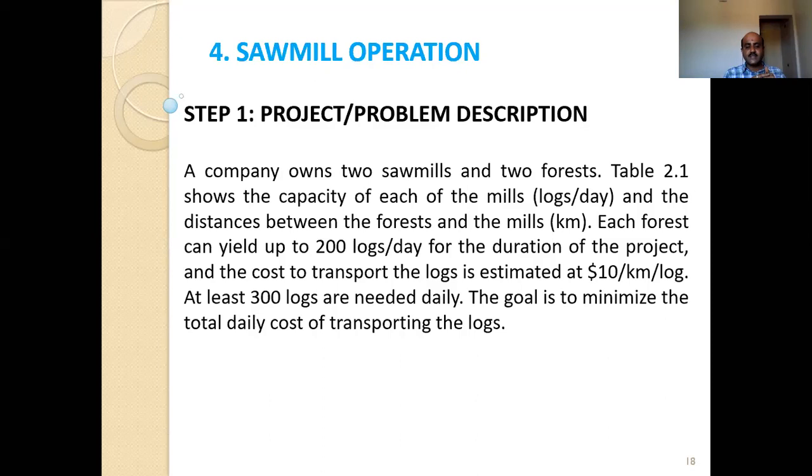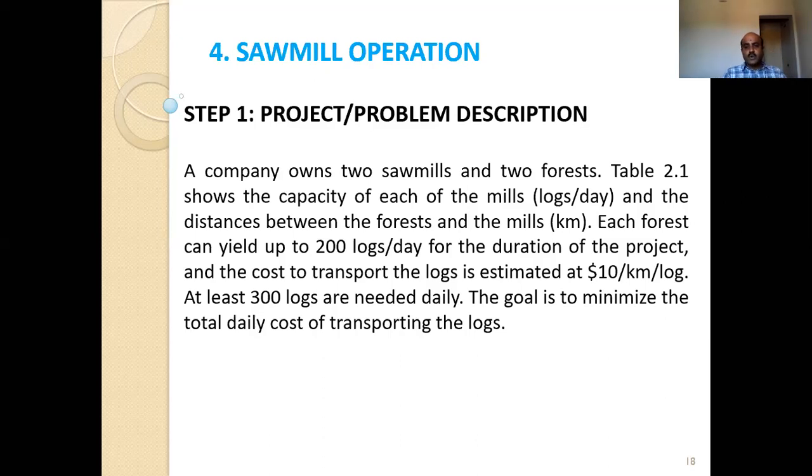That is the meaning of this. And at least 300 logs are needed daily. The company needs 300 logs. The goal is to minimize the total daily cost of transporting the logs. So this is the problem description. I think from this you can easily understand the objective function.